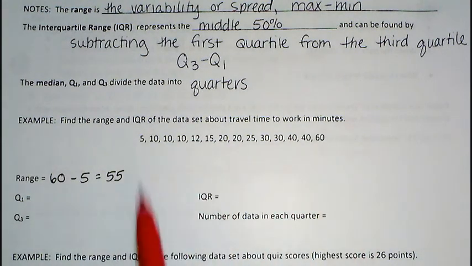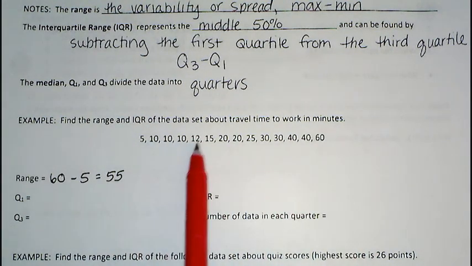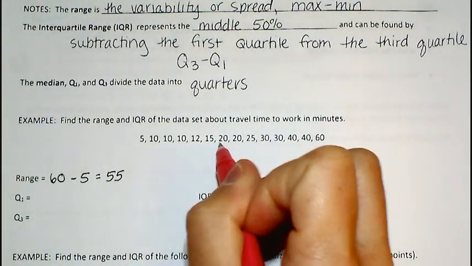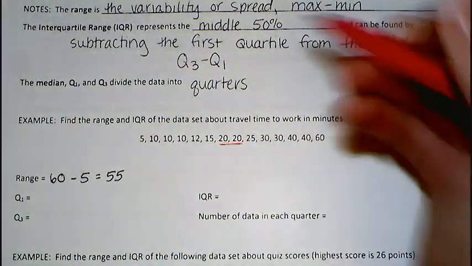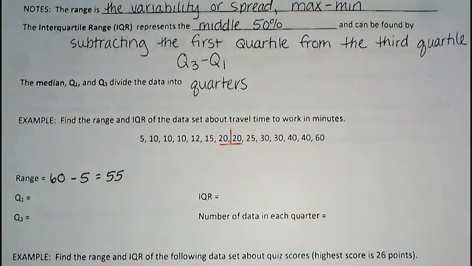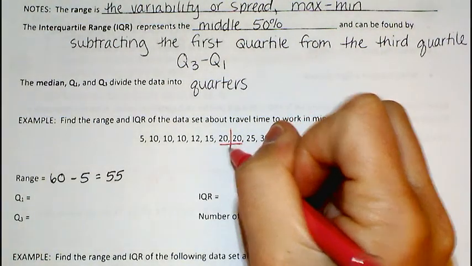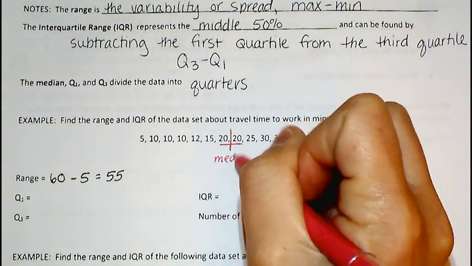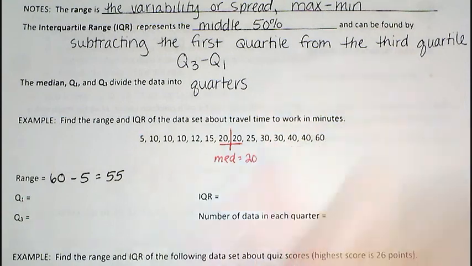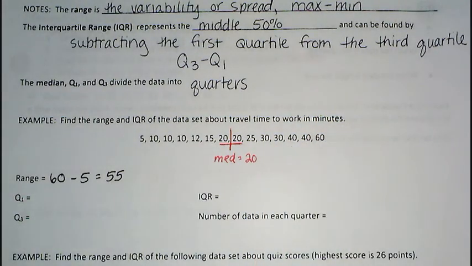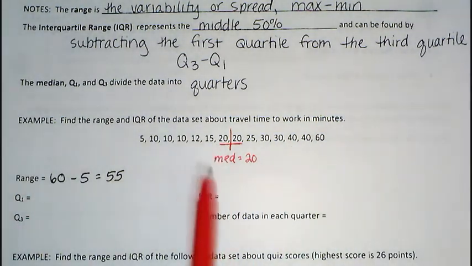So if I split that in half, there's 7 on each side. My median is going to be between 20 and 20. We don't even need to do any calculations here. Our median is equal to 20. Now you don't need the median directly to find the IQR, but you do need to find the median so that you can find the quartiles.